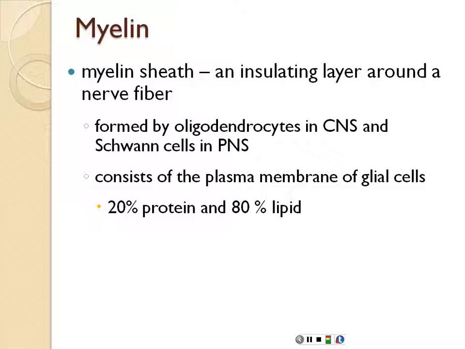The other is where myelin is located: around the axon. And what is myelin made of? It's made of those cells, but inside those cells, the cytoplasm is made up of proteins and lipids, actually the membrane itself as well. So 80% lipid, 20% protein.